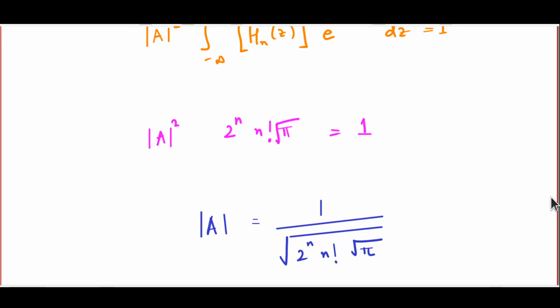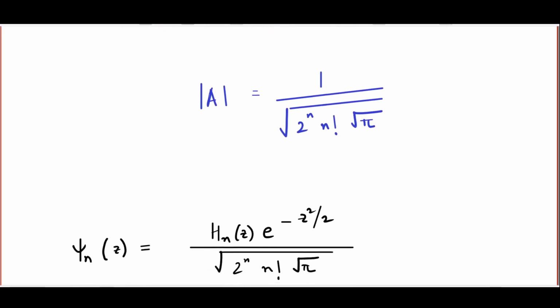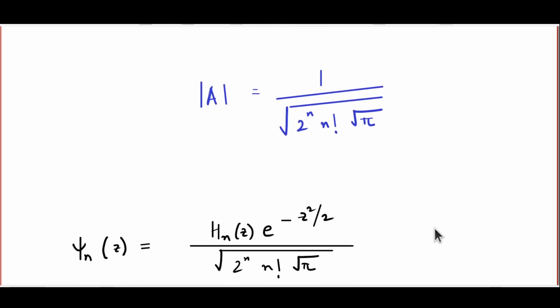And we can just take this mod a and plug it into the expression for the wave function and figure out that the wave function is going to be this up to an overall phase factor. Remember, mod a is what we get, not a. So you could have an arbitrary phase factor here. Since an overall phase factor does not really have any physical significance, we have just decided to omit that in this expression.